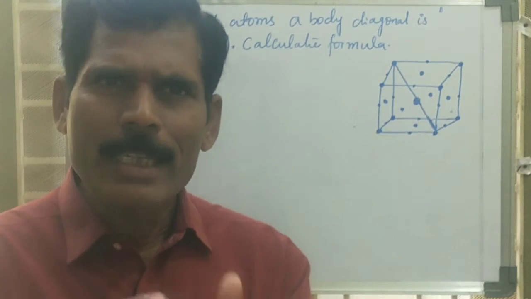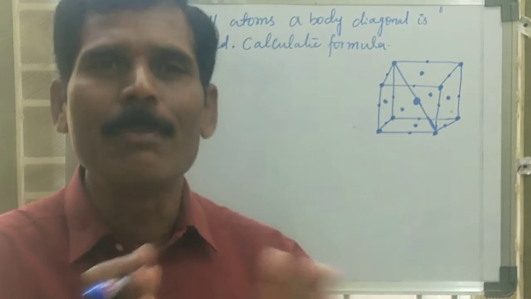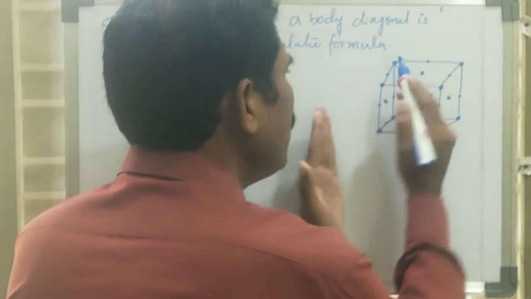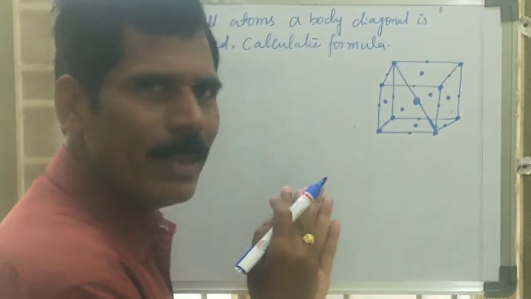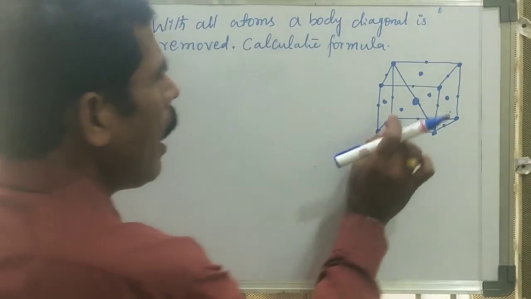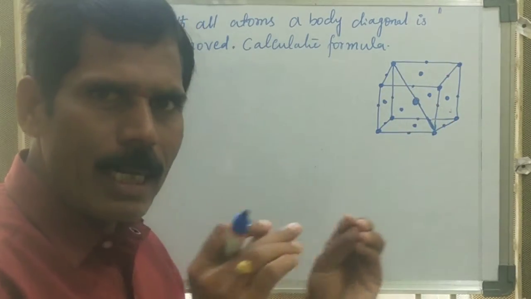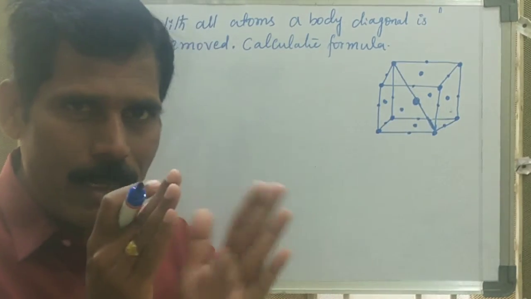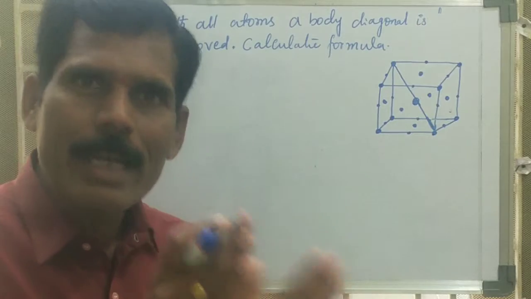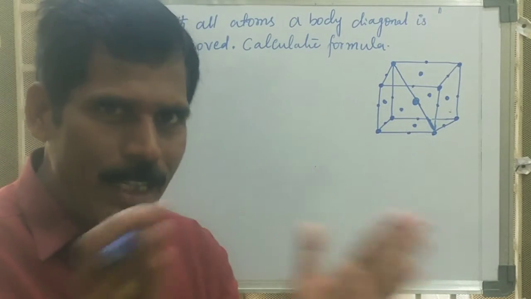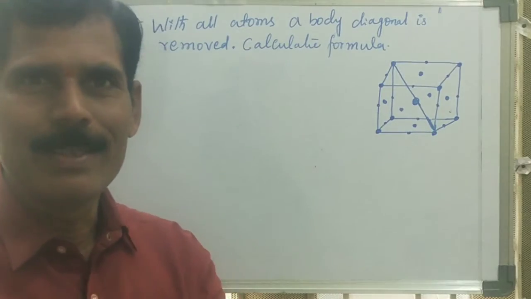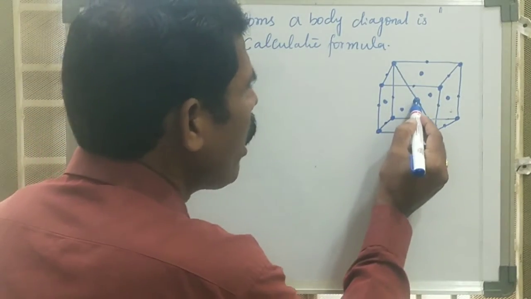Half of them are removed, that is, half of the unit cell is removed. So of the 8 corner atoms, 4 are removed; of the 6 face centers, 3 are removed; of the 12 edge centers, half of them means 6 are removed. And the body center is making half.